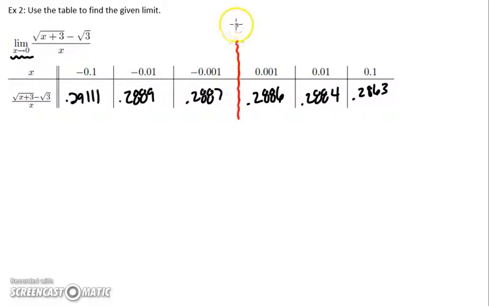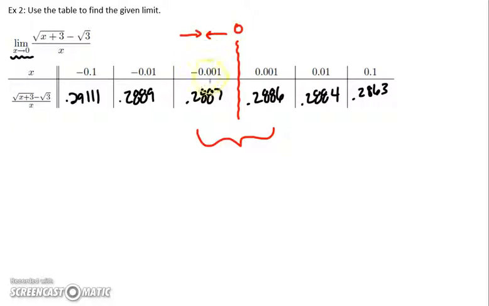So if I am on one side of 0 at the point 0.2887, and here I'm at the point 0.2886, keeping in mind that our answer needs to be correct to 3 decimal places, it looks like I'm at the same number.